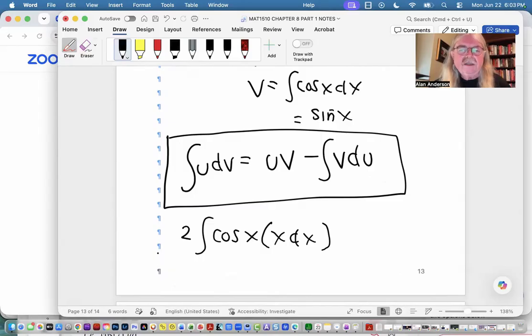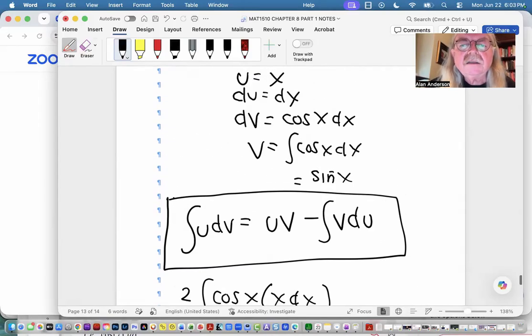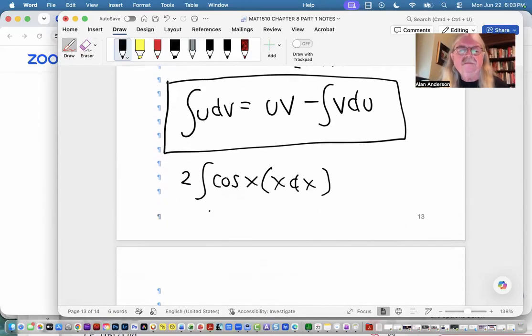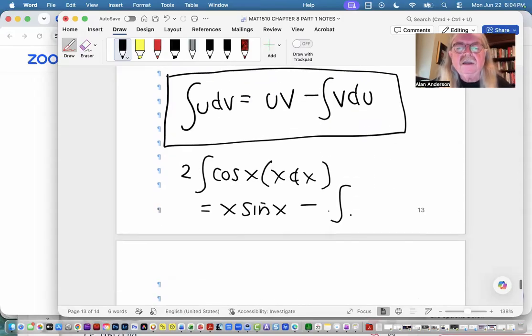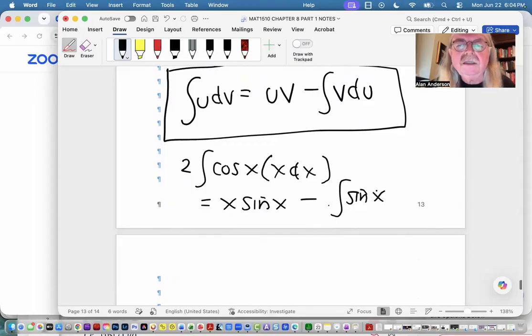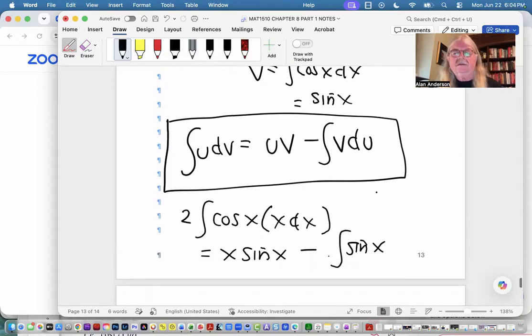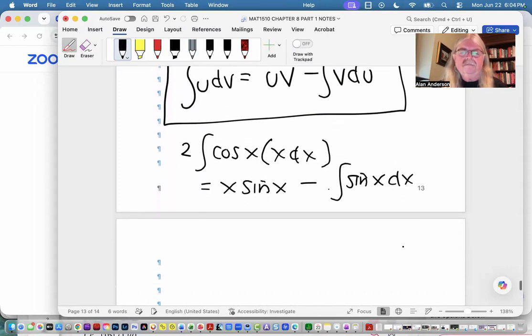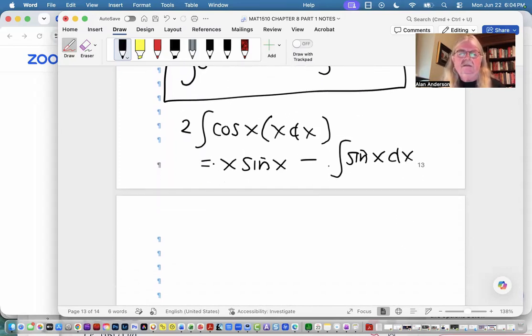So uv is x times sine x. v is sine x. And du is simply dx. And again, don't forget that too.